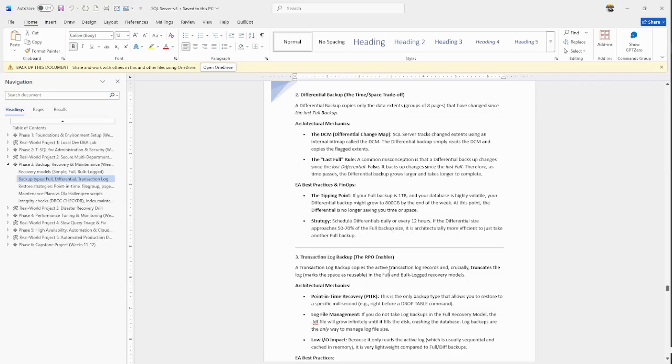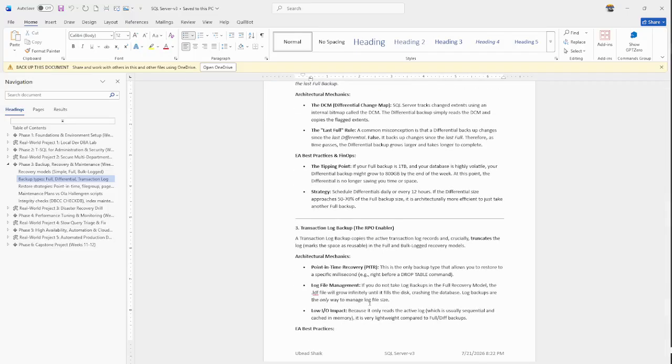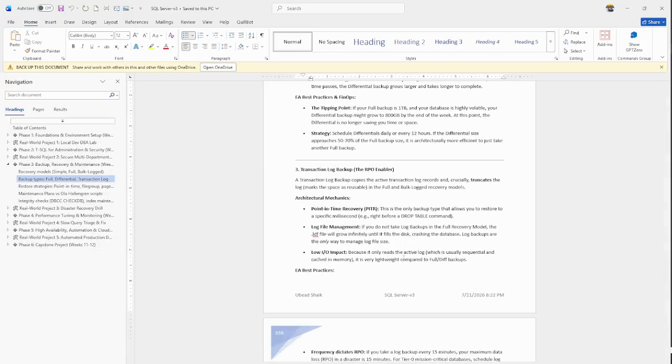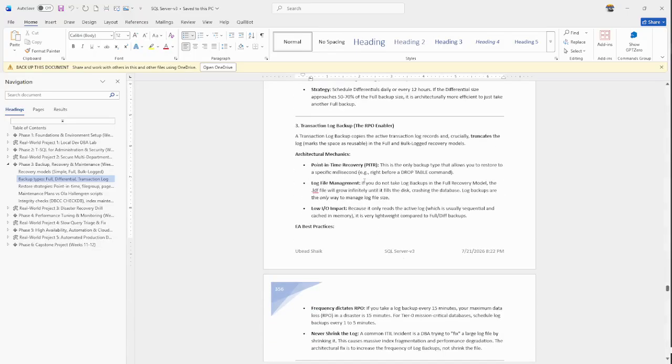If you are not backing up the transaction logs, you will lose data. We will do this from the operating perspective, but from the database end, the database admin will be looking at these transaction logs.